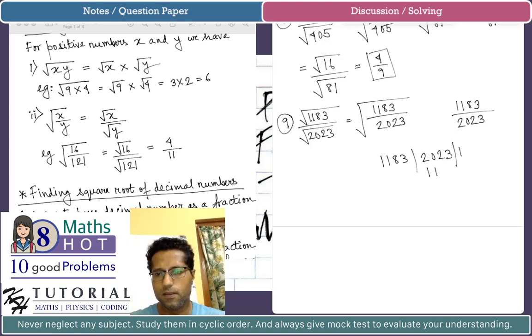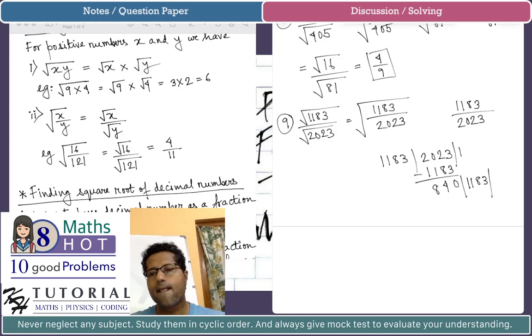So 1183, and the remainder is 840. Then 840 will be the divisor and 1183 will be the dividend, and we will have 1. 840, this is 343.